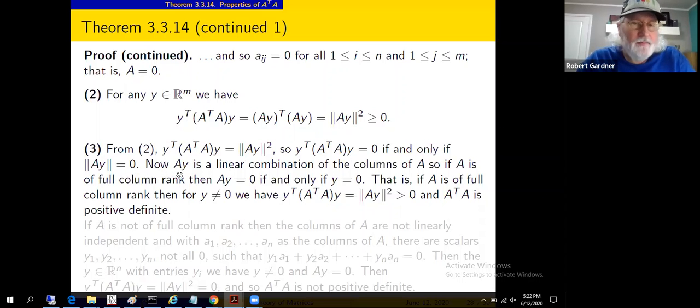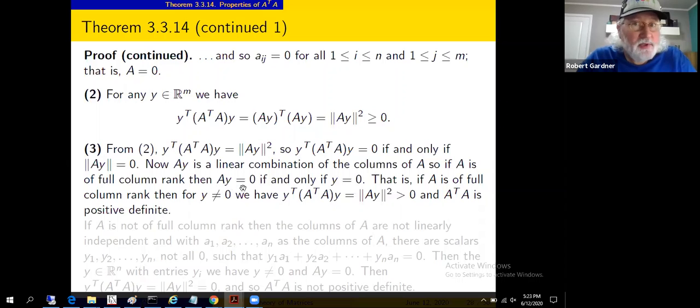As before, AY is a linear combination of the columns of matrix A. So if A is of full column rank, then the columns are linearly independent. The only way you're going to get AY equals 0 is if Y equals 0. So we get AY equals 0 if and only if Y equals 0.